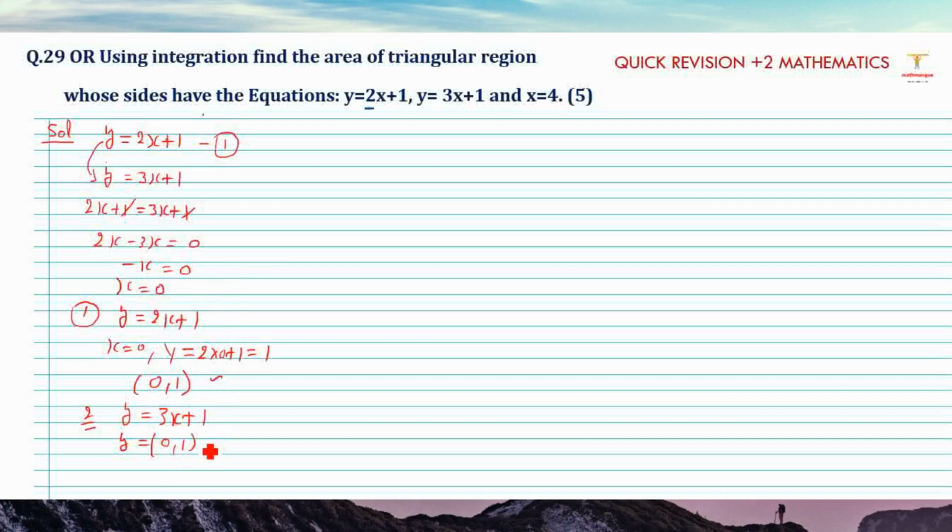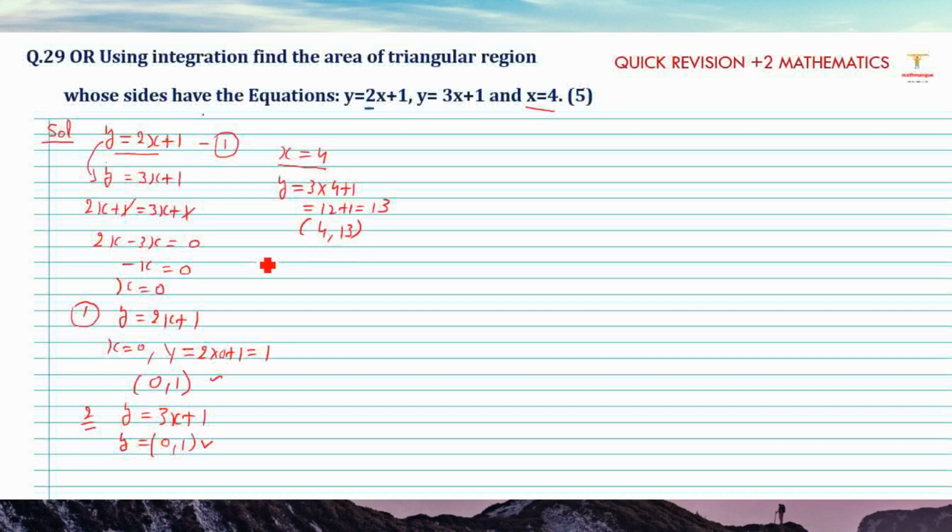Second, you just take this line, this is also a line, x is equal to 4. Now if you put the value of x as 4 here, y comes out to be 3 multiplied by 4 plus 1, that is 12 plus 1, you get 13. So this line and this line are intersecting at the point (4, 13).